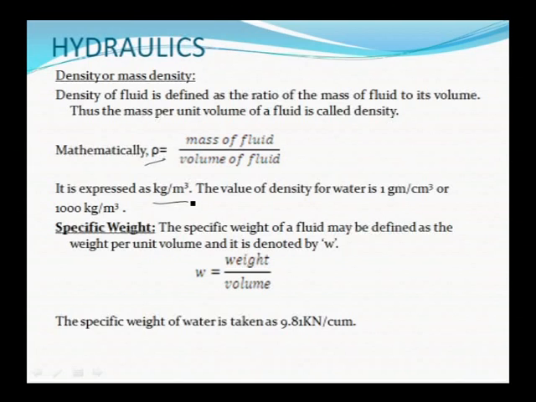Though we are following SI units, the unit of density is 1 gram per centimeter cube or 1000 kg per meter cube. Next, specific weight. The specific weight of a fluid may be defined as weight per unit volume, and it is denoted by small w, and mathematically it is given by w is equal to weight over volume.